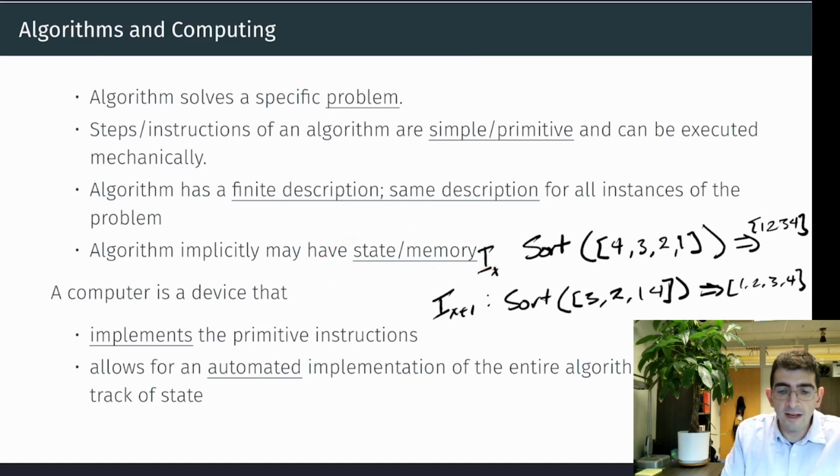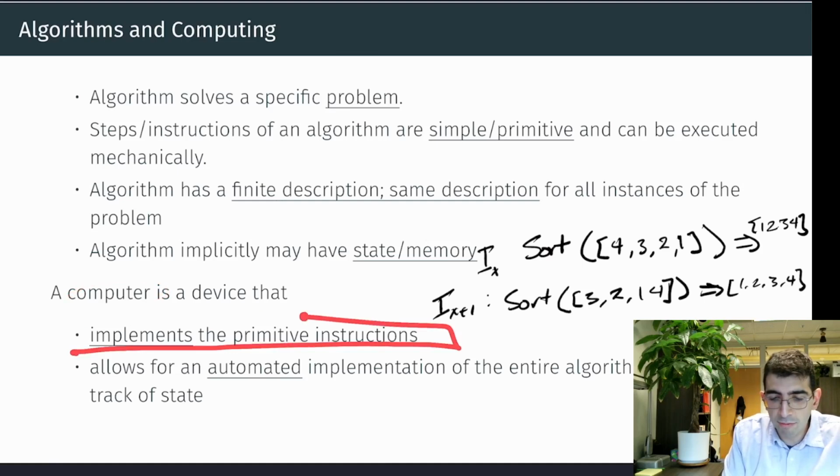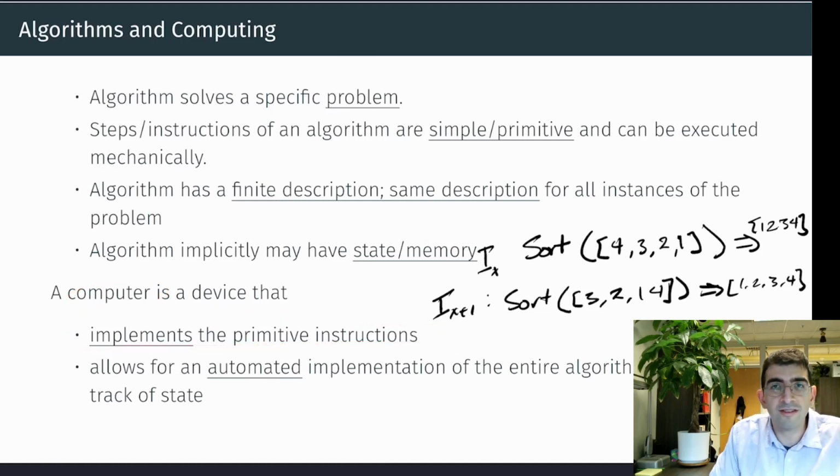Since an algorithm is a series of steps, the thing that runs the algorithm is a computer. The computer is simply the thing that implements the primitive instructions. And in the case of modern computers, what would those primitive instructions be? They would be the ISA, instruction set architecture. They would be MIPS. They would be IA32.